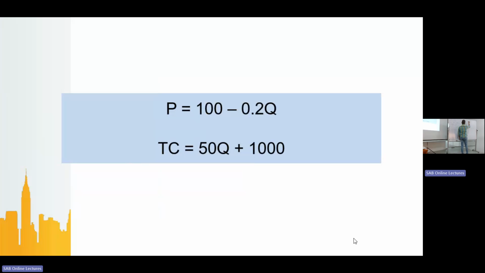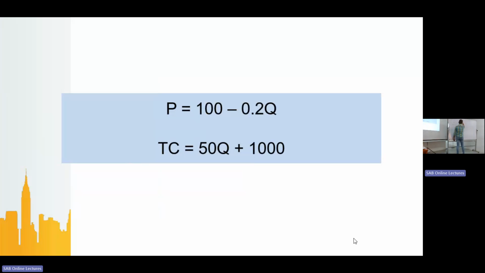Total revenue is P into Q. And this is the expression for price.